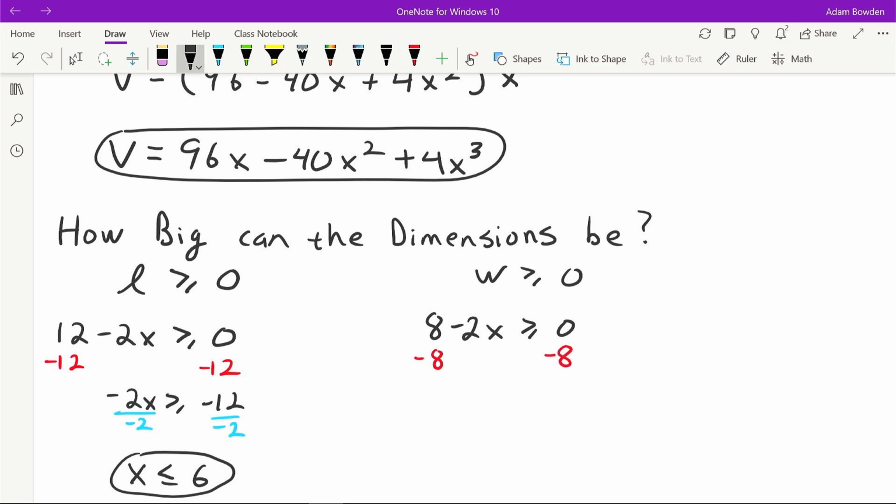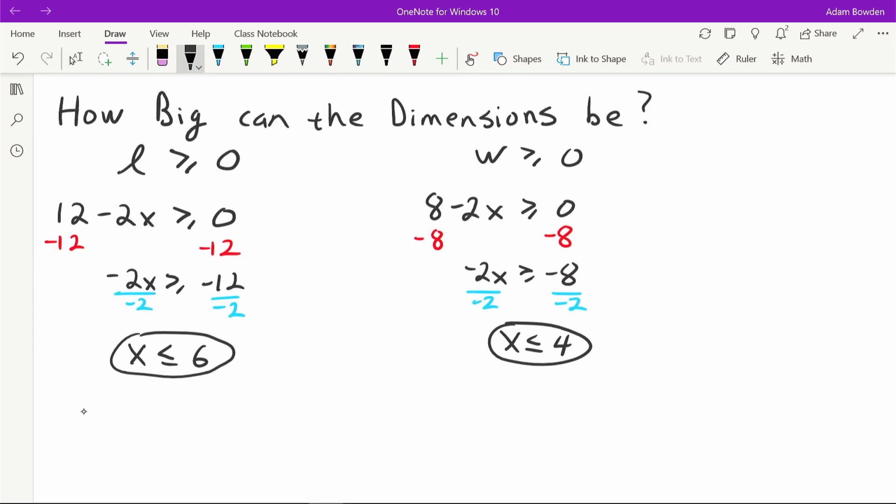Similar on this other one here, we have negative 2x greater than or equal to negative 8, divide out the negative 2, and we'll have x is less than or equal to 4. Now, what this basically means for us is, at most, x can be 4 or less than that.